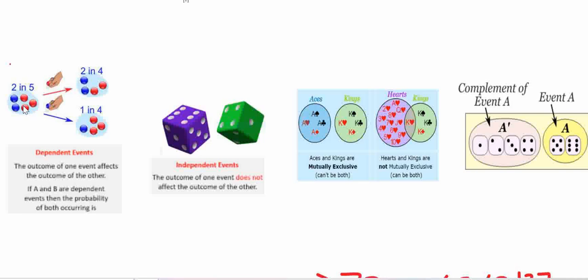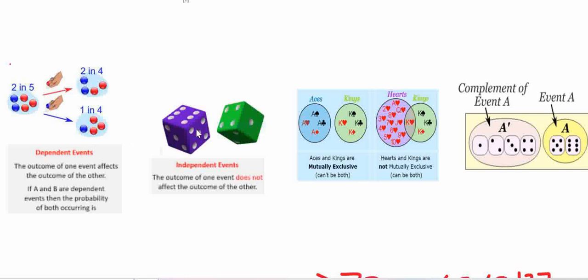After the first withdrawal, if we don't return it and we get red, then the next withdrawal will be only 2 blue and 2 red. If the first withdrawal is blue, then the next withdrawal will be 1 blue and 3 red. So the second depends on the first event. So that is dependent events.